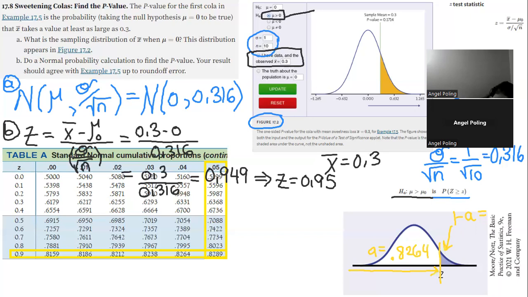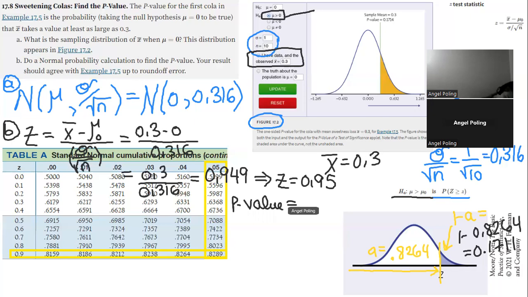The 1 minus 0.8264 gives me the value of 0.1711.